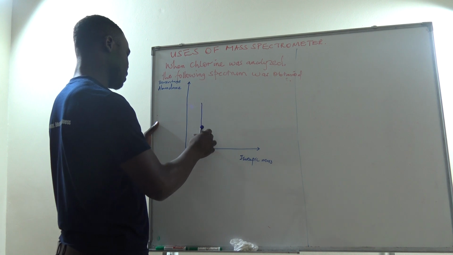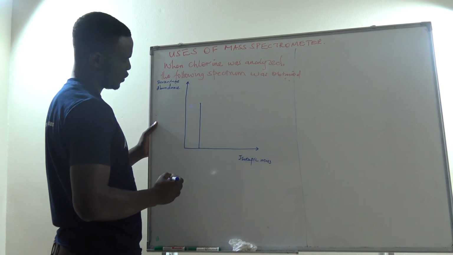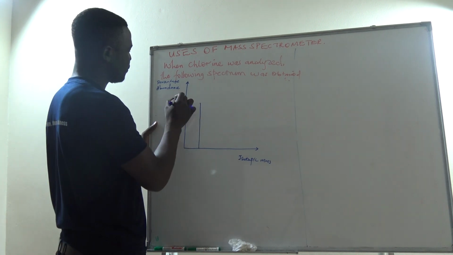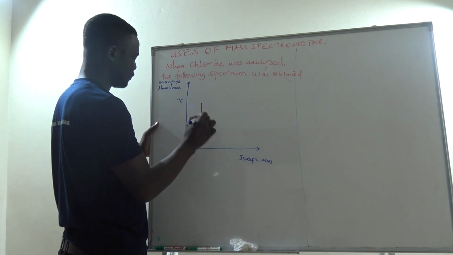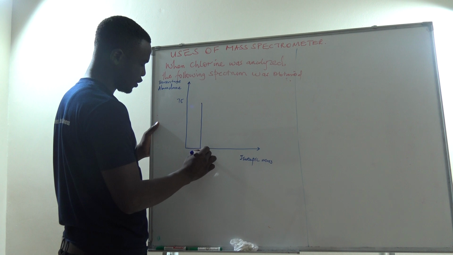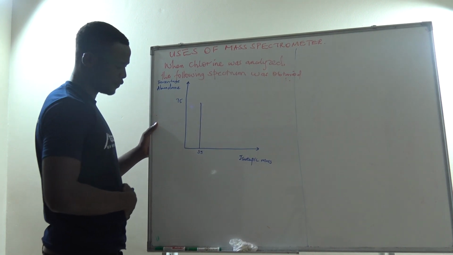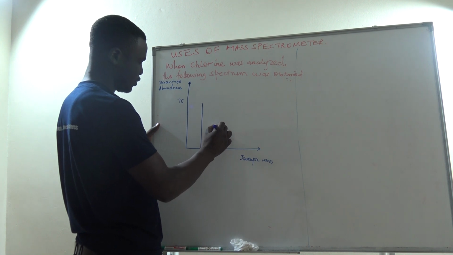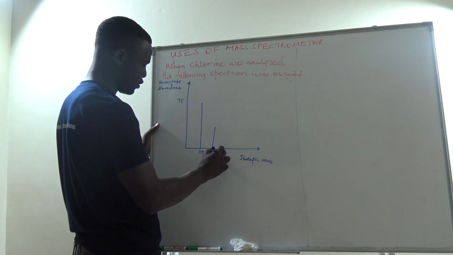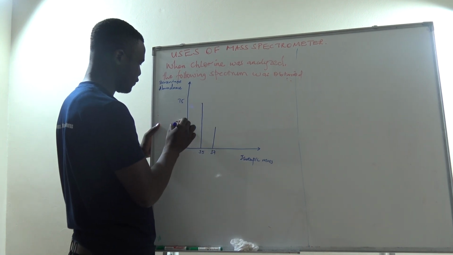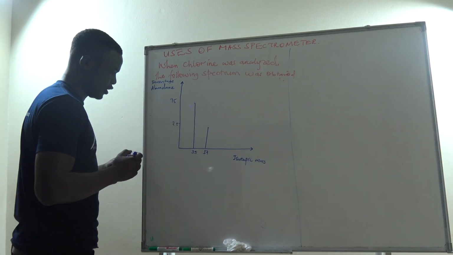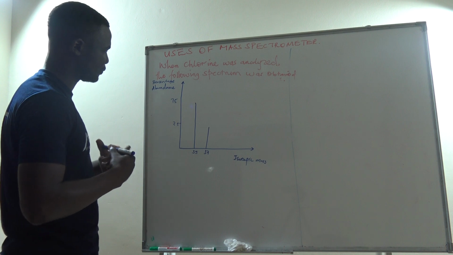So this spectrum had a peak of abundance 75 corresponding to chlorine 35. Then it also had another peak at 25 corresponding to chlorine 37.